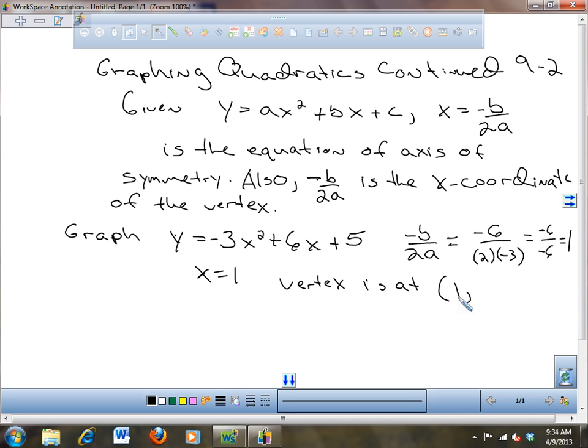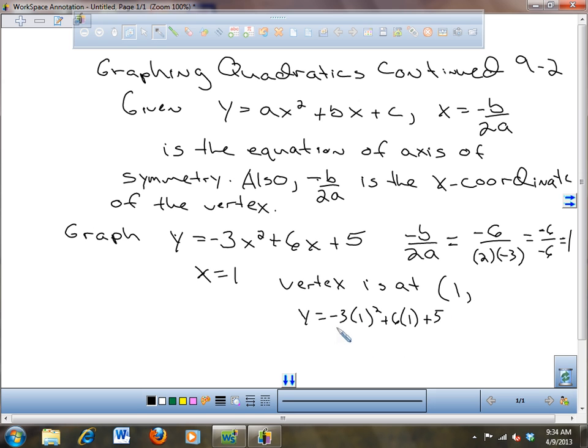When I plug in 1, I get something out, right? And so y is equal to, when I plug 1 in there, negative 3 times 1 squared plus 6 times 1 plus 5.